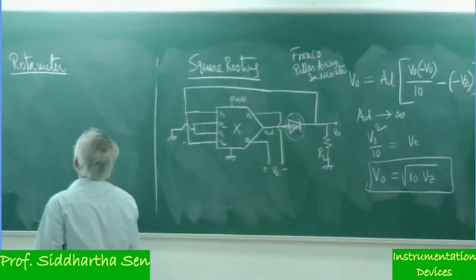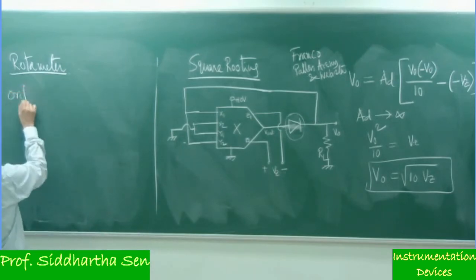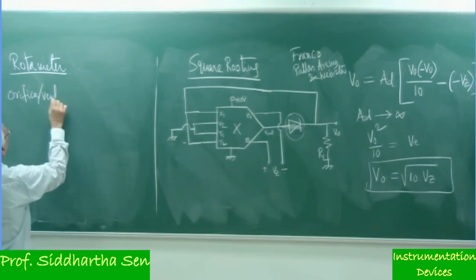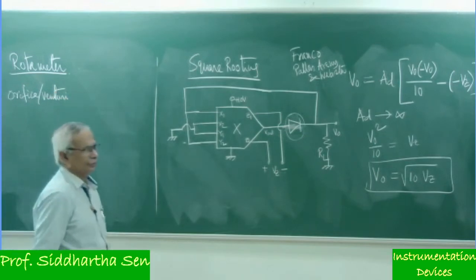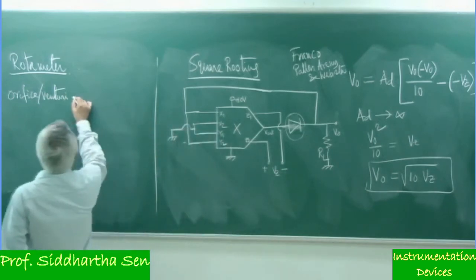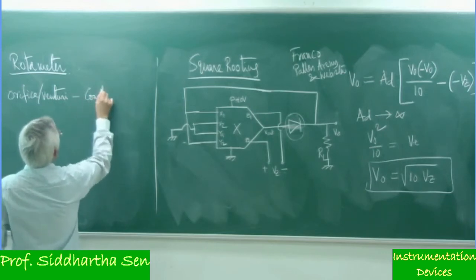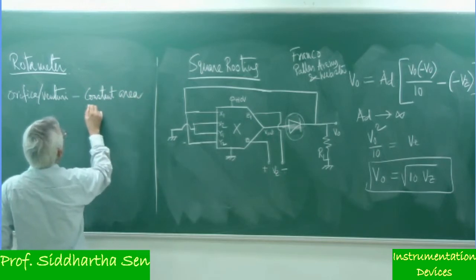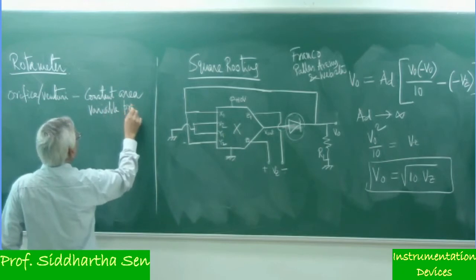And if we consider the orifice or venturi plate as a flow meter, we say it is a constant area, variable pressure flow meter.